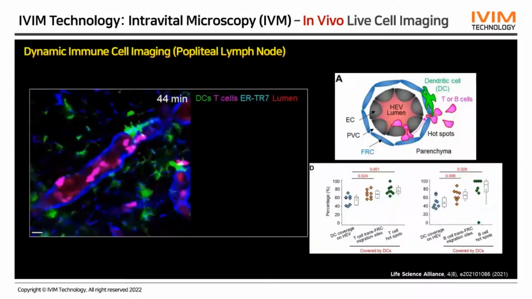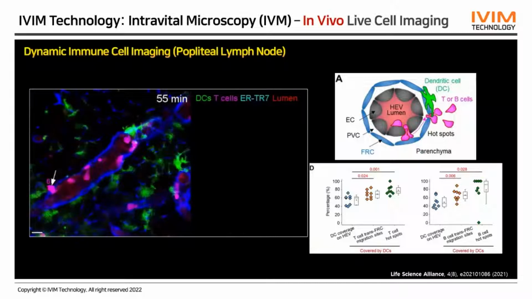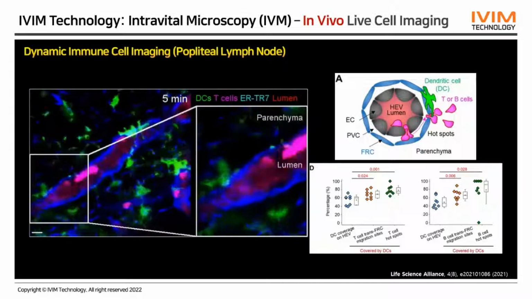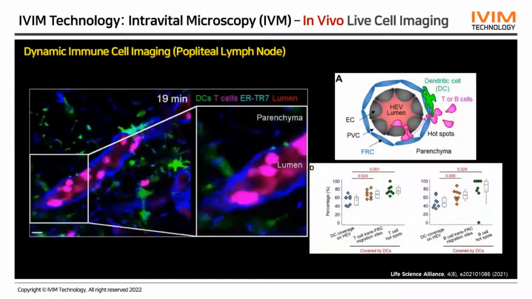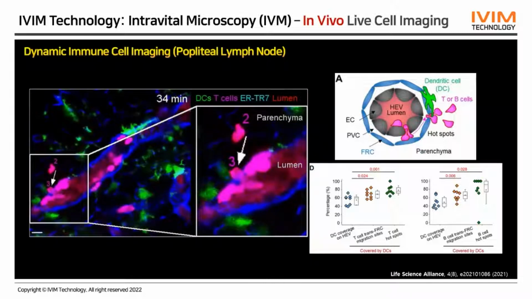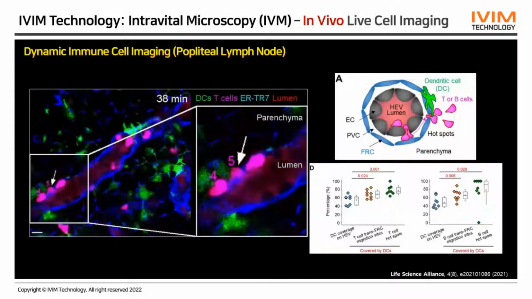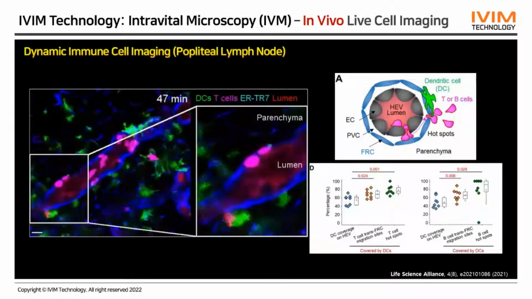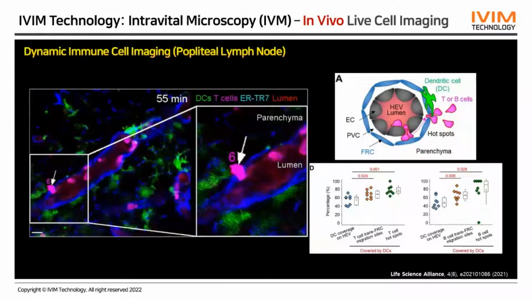To determine whether T cells transmigrate across FRCs covered by these cells preferentially or accidentally, we compared the percentage of the trans-FRC migration sites covered by them with their coverage on HEV.